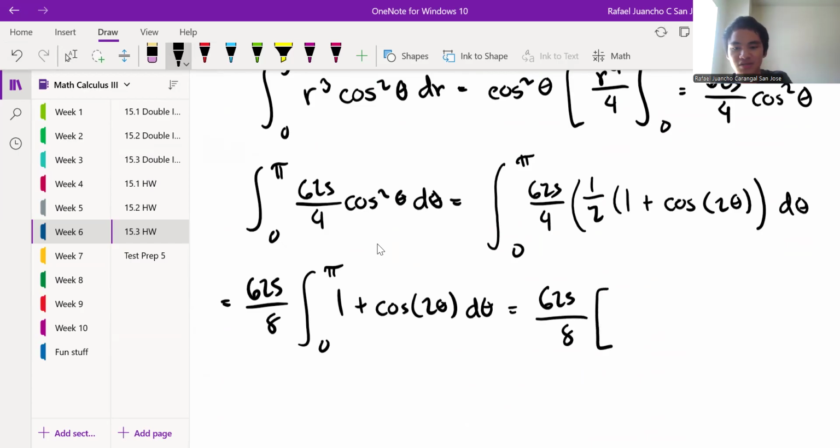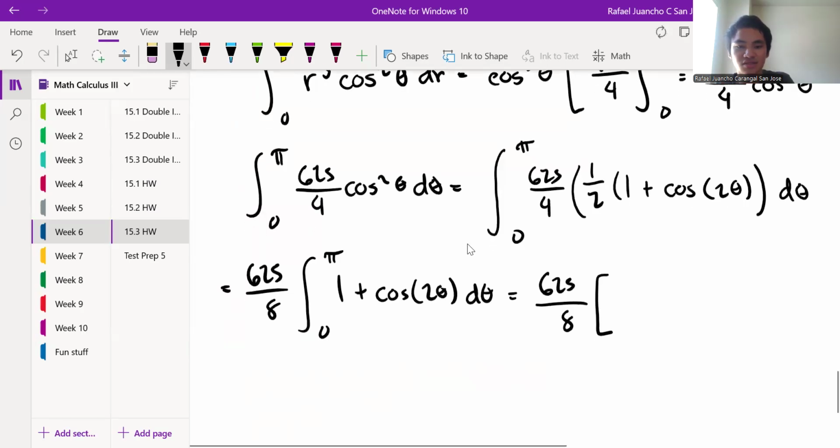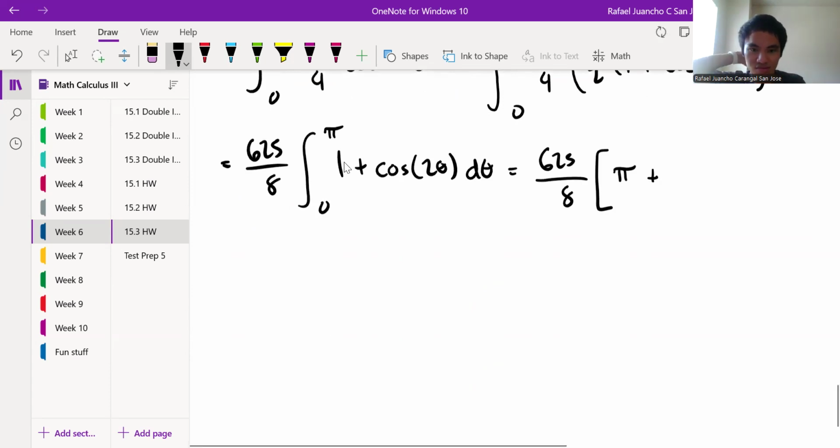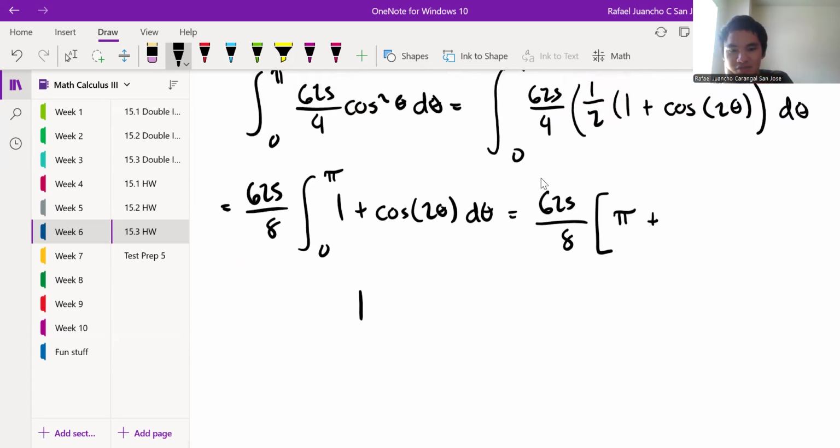So here when I integrate, this one's some constant, so this is just pi. How do I know it's pi? It's 1 times pi minus 0. So it's pi. And then this one is cosine 2 theta. This is a half sine of 2 theta.